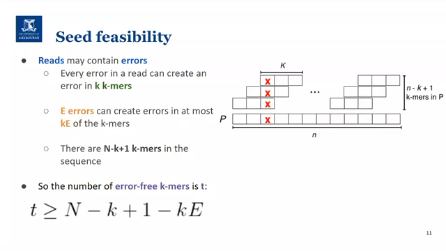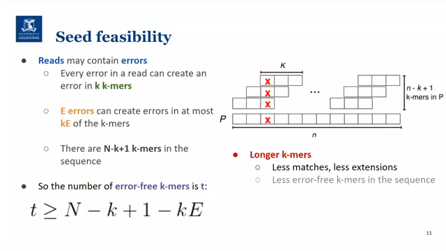And this is being affected by the size of k. So what's the size of my sliding window? Even though smaller k values will have a large proportion of error-free k-mers, longer k-mers will mean fewer matches on our matrix and fewer extensions that we need to do, but also fewer error-free k-mers in the sequence.